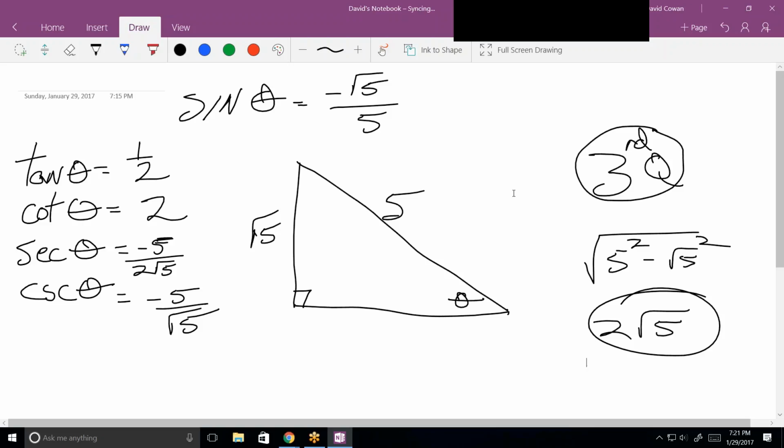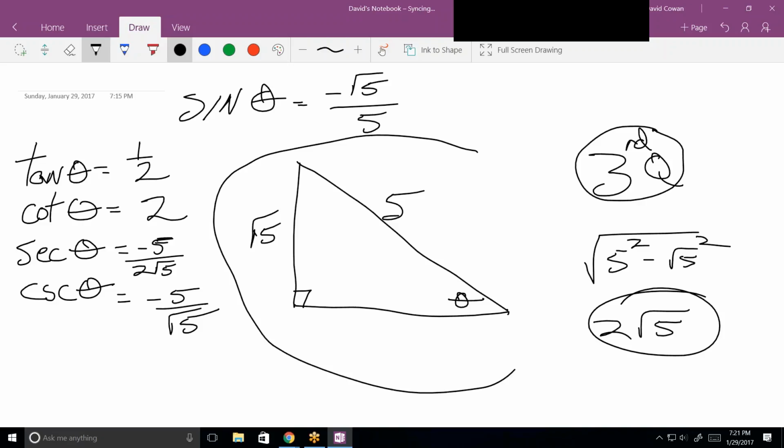I tend to get ahead of myself on these and figure out the quadrant first. And the only thing I don't like about that is that this is what students have difficulty with, making sure they do that as the first step. So I want to make sure you always remember the problem here is you draw the triangle and you label theta and you label two sides of it.